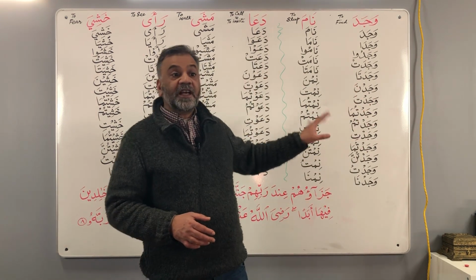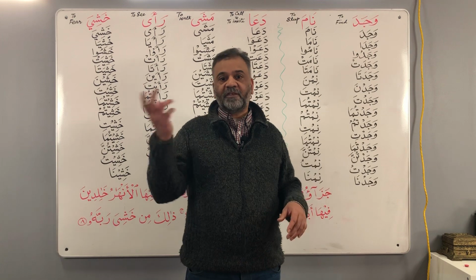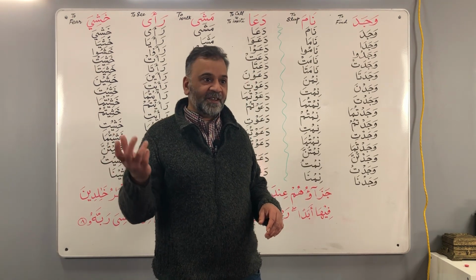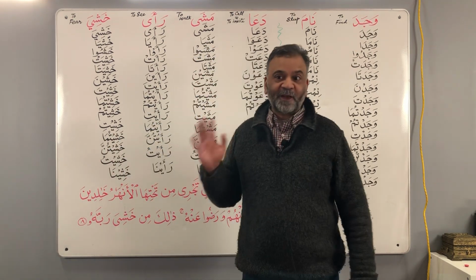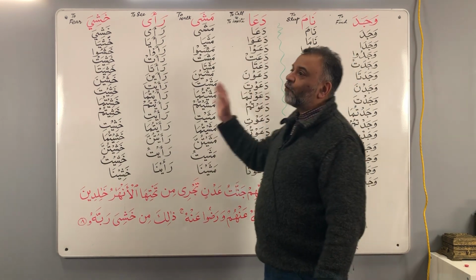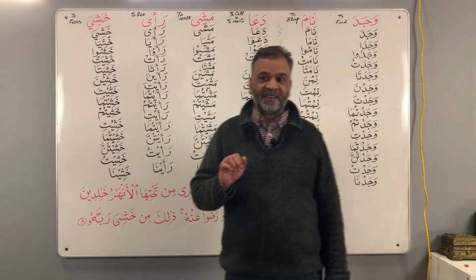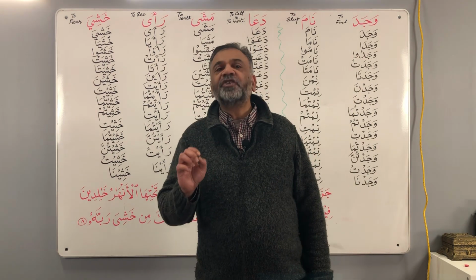Unlike in misal and ajwaf, where the weakness is in either the fa kalima or the ain kalima, when it comes to naqis, it comes in 4 different formats. That is what makes it a bit challenging.